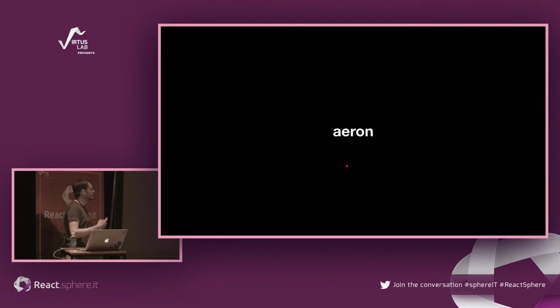And Aeron is UDP based, and it's not a framework. It's only for communication. But at least they're shouting at you: don't use it for anything else. Just connect pipes between services, and that's it, right? But we are very happy with Aeron, and I really encourage you to have a look. It's very elegant, and it's a small library. So I think we are going to start using this more and more.